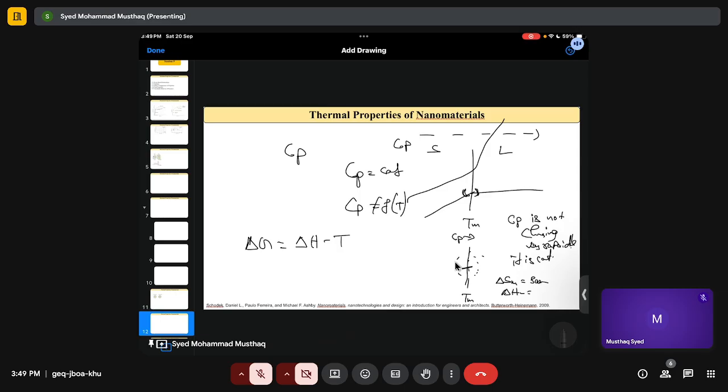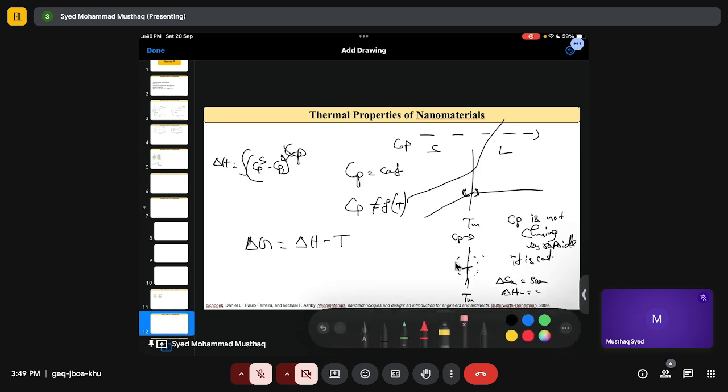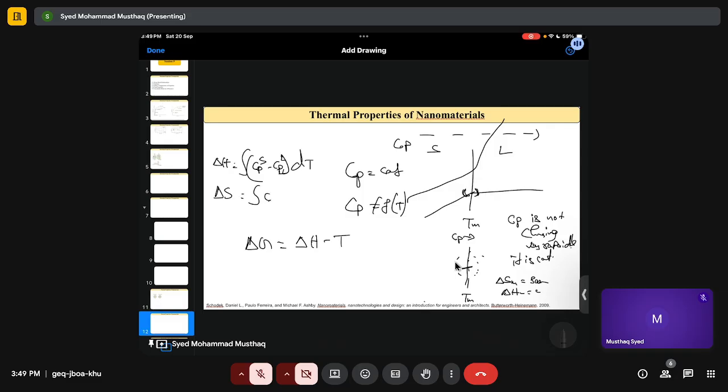It is constant because we know delta H will be equal to the integral of Cp solid minus Cp liquid dT. You can take a reverse sign, it depends upon the flow of the reaction. And delta S will be equal to the integral of Cp solid minus Cp liquid by T dT.